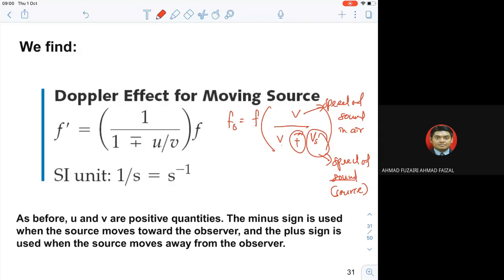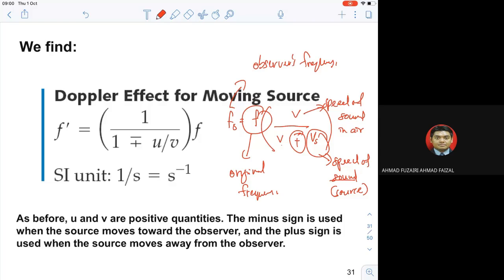Speed of source. This one is the original frequency. And this one is the observer's frequency. Okay, so you should know the situation.